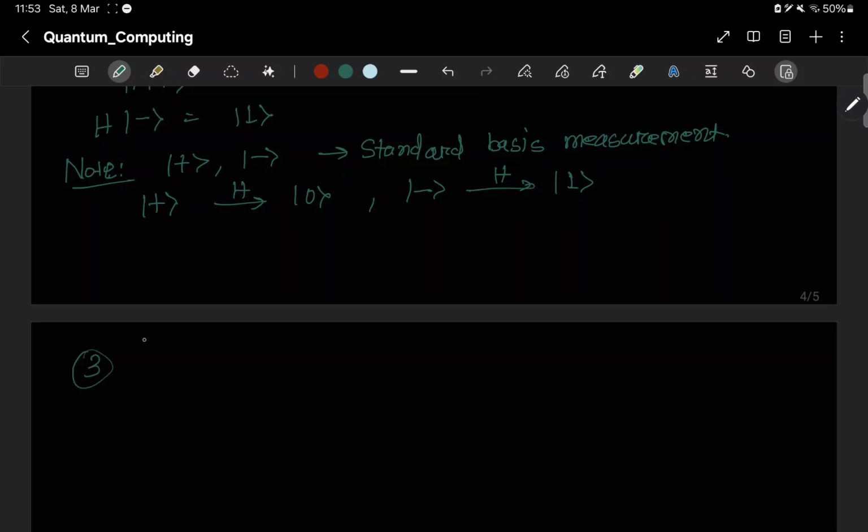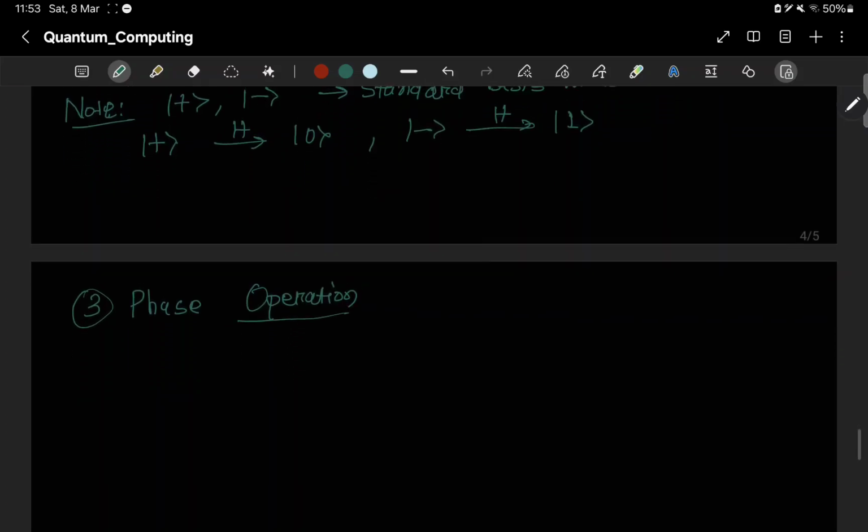Now let's discuss another operation called the phase operation. So a general phase operation basically represents the rotation around the z-axis in the Bloch sphere. So we'll discuss this later, don't be confused now. So this theta is some real positive number.